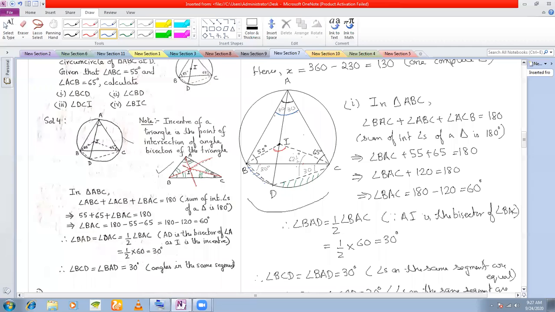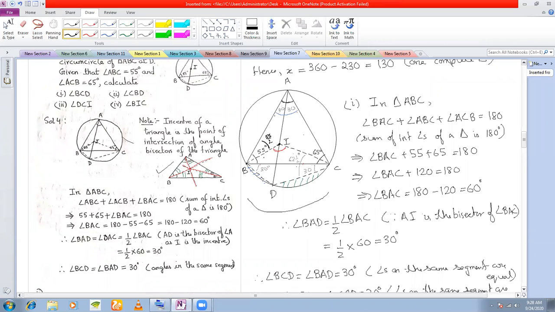So how do you actually find out this angle? If you see here, BI, this dotted line, you look at this BI. BI is the bisector of which angle? Angle ABC, because it passes through the incenter. So therefore this angle must be how much? 55 by 2, half of 55.